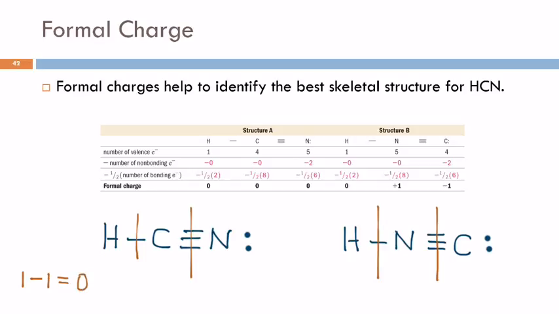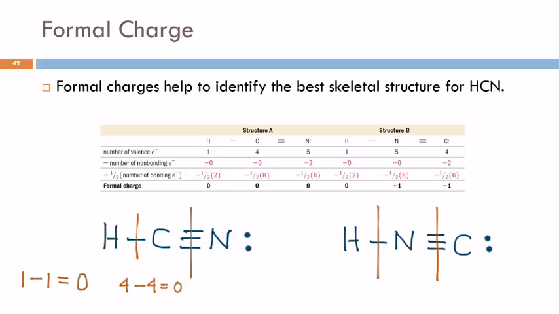So hydrogen by itself as an atom has 1 valence electron, and I'm going to subtract how many electrons it owns here. So how many valence electrons does carbon the atom have? 4. And how many does it own in this structure? 1, 2, 3, 4. So 4 minus 4 is 0. So this carbon has a formal charge of 0.